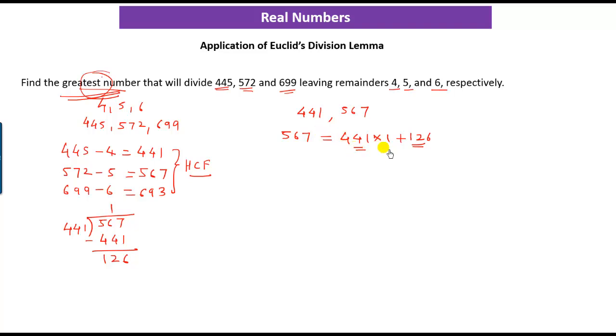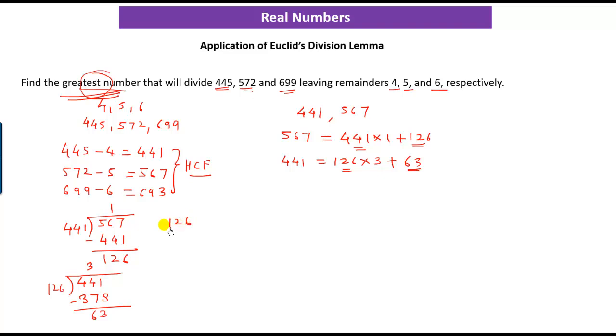So 441 divided by 126, so it will be 126 3s are 378. So if you subtract this, you will get 63. So this will be written as 441 is equal to 126 into 3 plus 63. Again the remainder is not 0, and therefore we will divide 126 by 63.